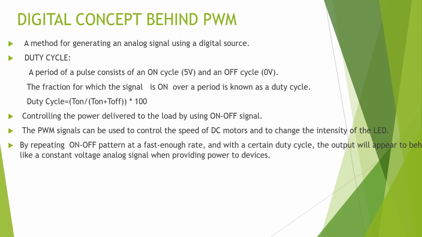If you supply varying voltage on the LED instead of the constant voltage, your LED will not be stable, the brightness will vary. If you understand this point, then come to this one. How can we get this facility? Yes, using the PWM concept, we can get this facility, that is, getting varying voltages.